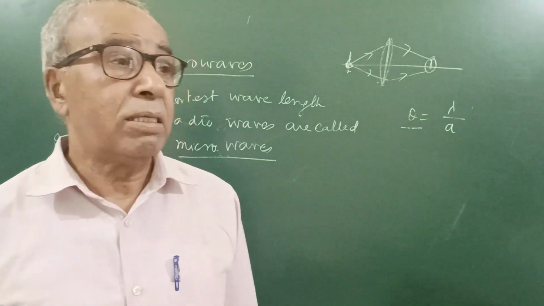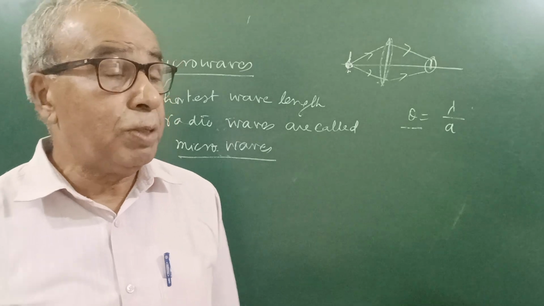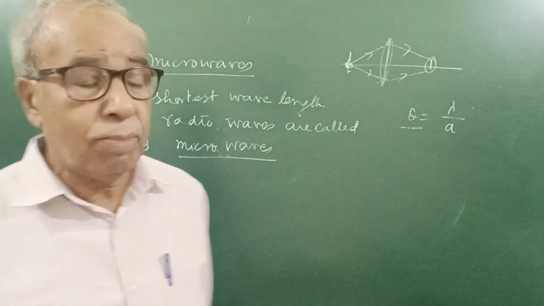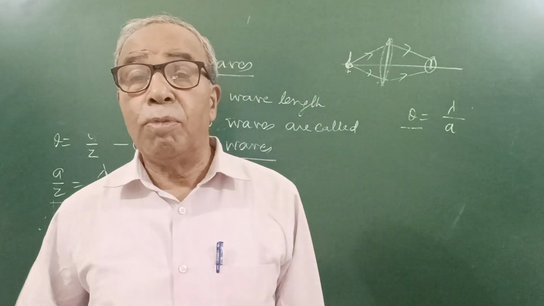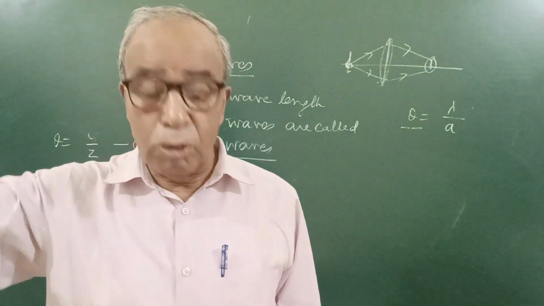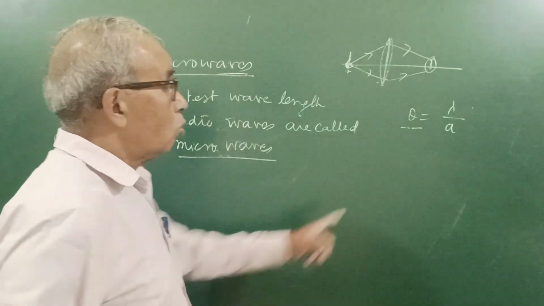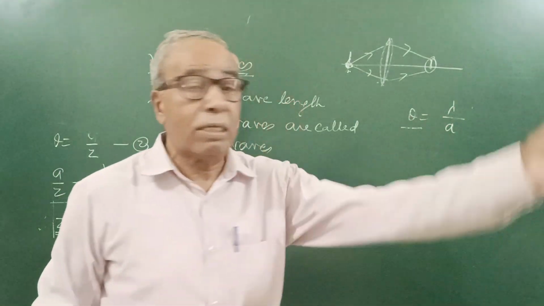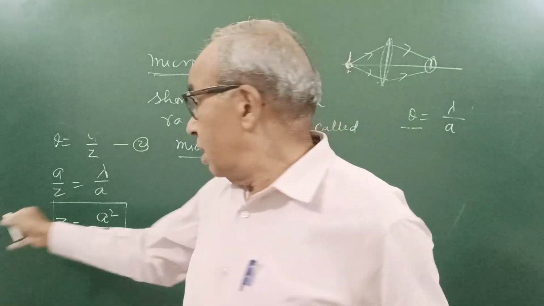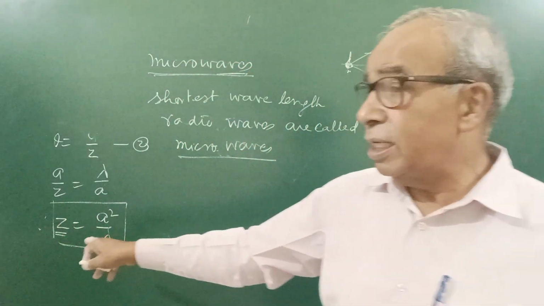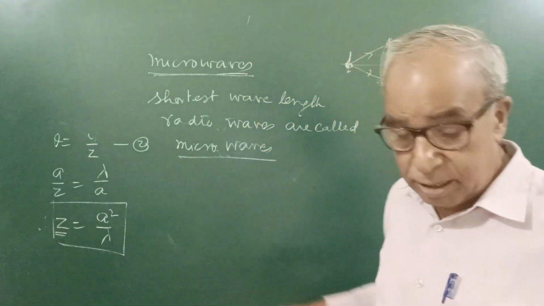We can detect the distance as well as the speed of the object, and tell whether the object is going away from us or coming to us. We use microwaves there because, due to short wavelength, they can travel straight a long distance. As I told you, z is the distance up to which light is supposed to travel straight.